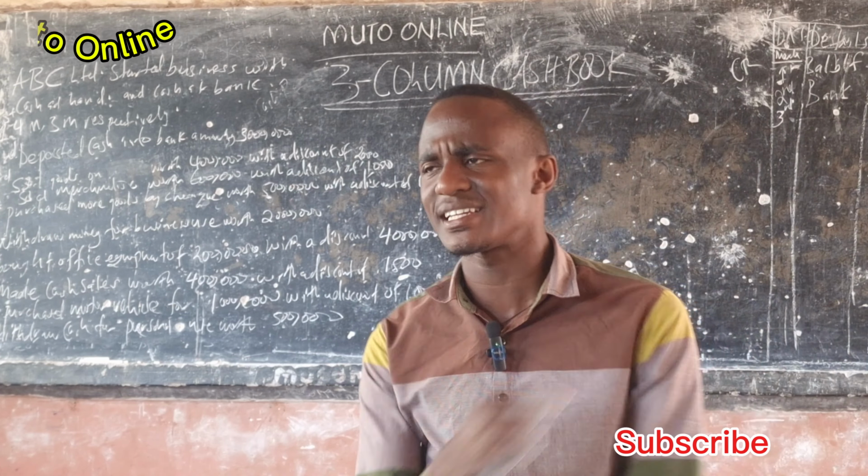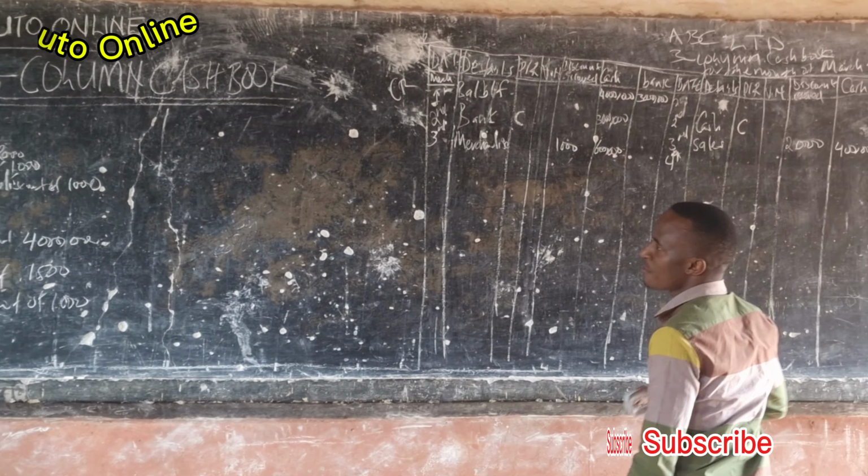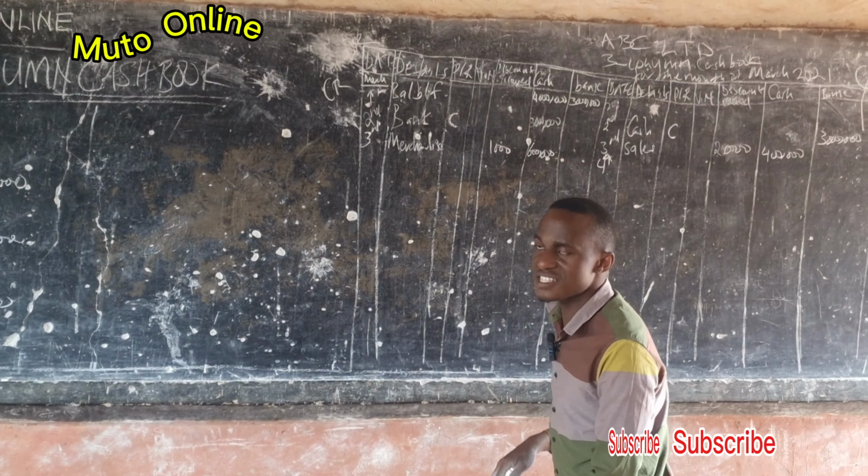So on the 4th, don't record the goods, but instead record the purchases, amounting to 500,000 in cash, with a discount of 1,000, the discount received on the purchases.